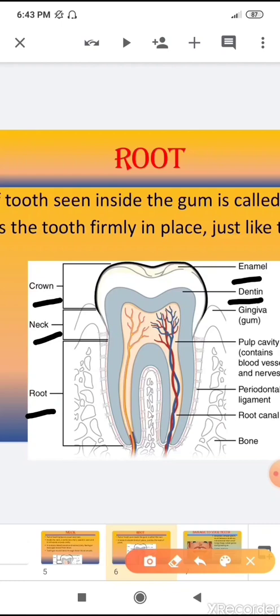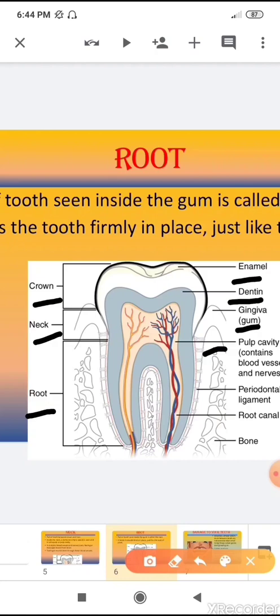Then you can see in this picture the gums. You have seen the pinkish soft tissues which hold the teeth. Then after the gums, you can see here the pulp cavity, which is the part of the neck. The pulp cavity carries blood vessels and nerves.